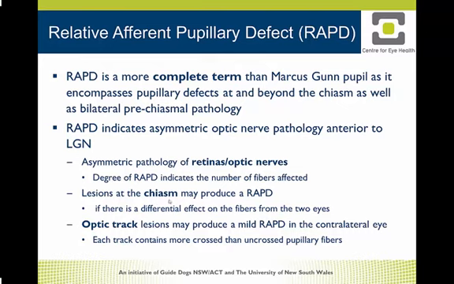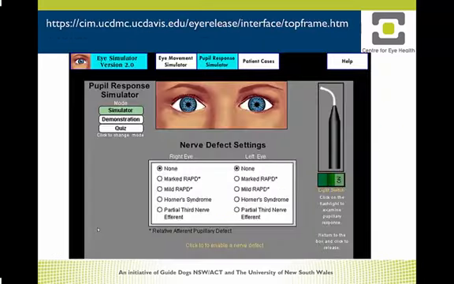Any lesion before the chiasm will produce an RAPD. And in fact, optic tract lesions, because there are more crossed pupillary fibers than uncrossed, an optic tract lesion will also lead to a small RAPD. And we'll touch upon this as we go along in this lecture series.